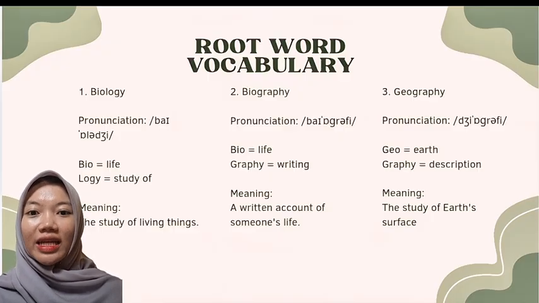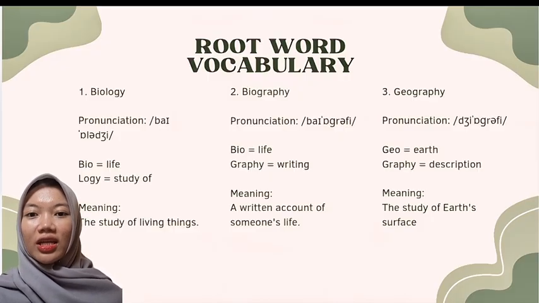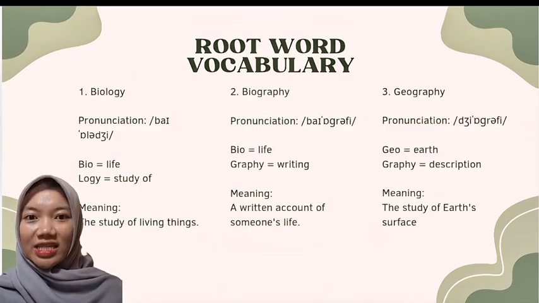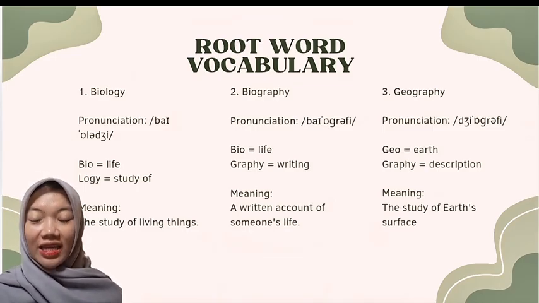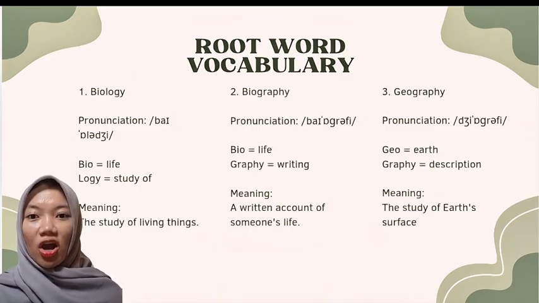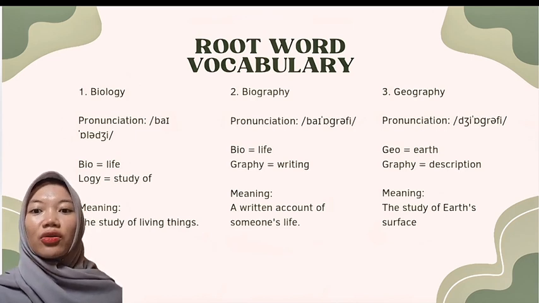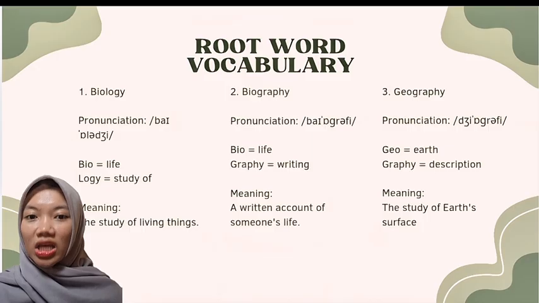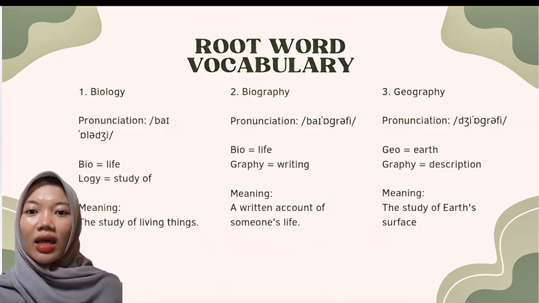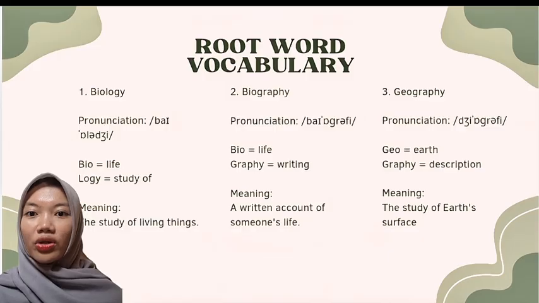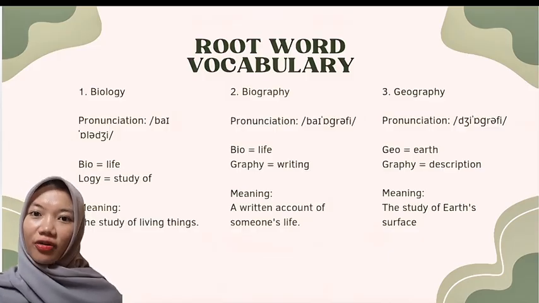The third word is geography. The pronunciation is geography. This word consists of first, geo, which means earth, and graphy, which means description or writing. Therefore, geography means the study or description of the Earth's surface.